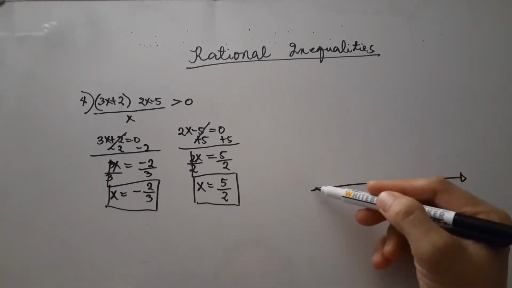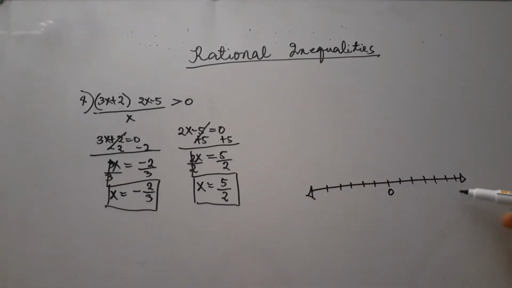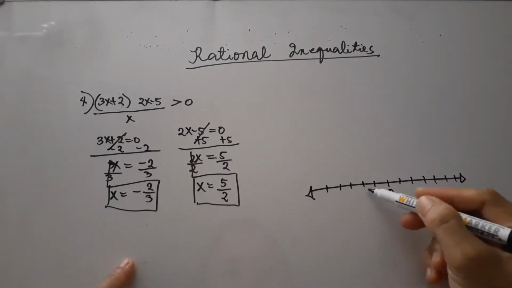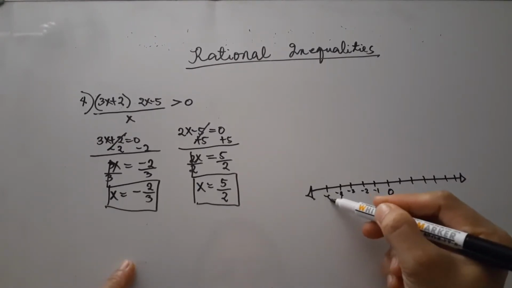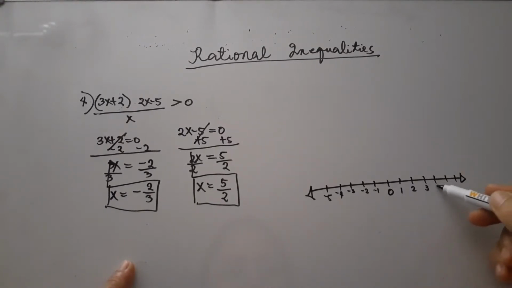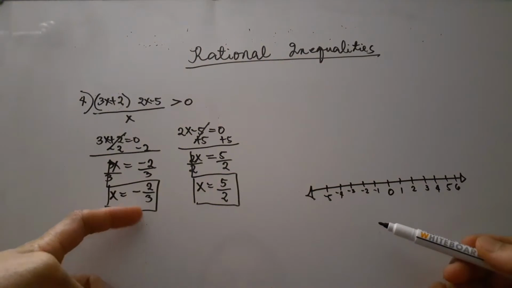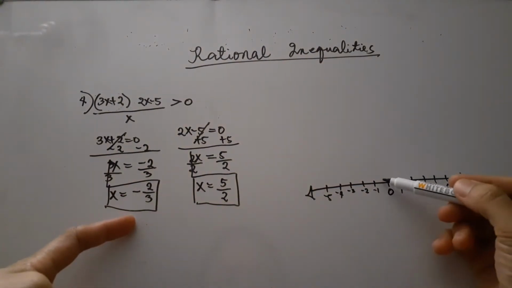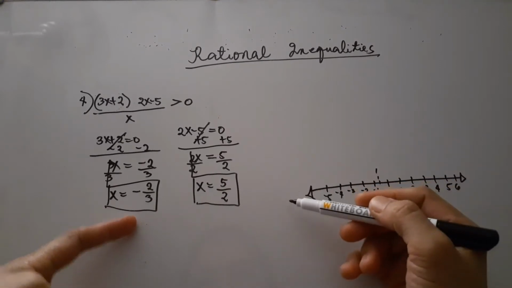And then we can use the sign diagram here. So we have this interval, negative 1, negative 2, negative 3, and negative 5. The negative part belongs to the negative infinity, and the positive part belongs to the positive infinity. And then we can put the factors first.